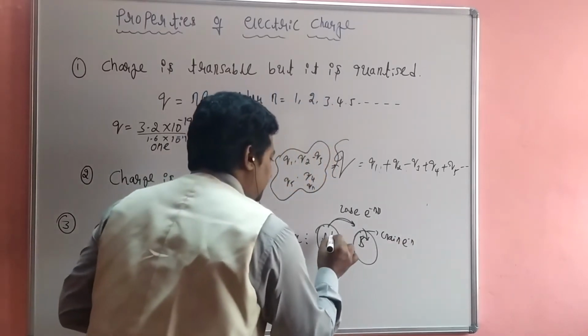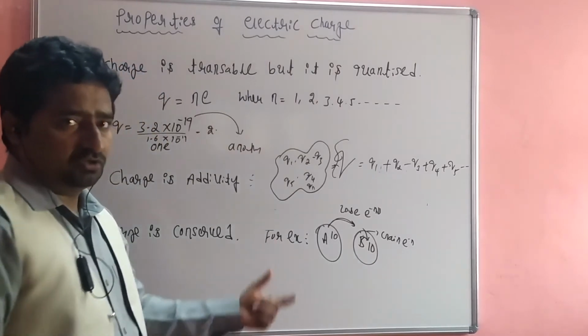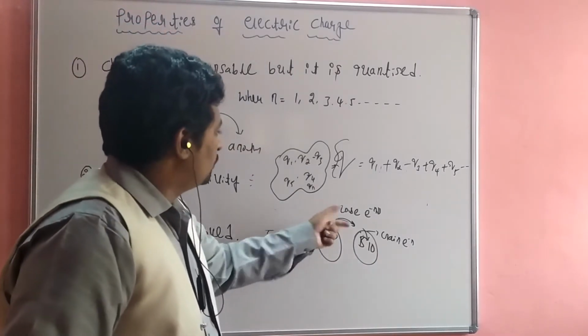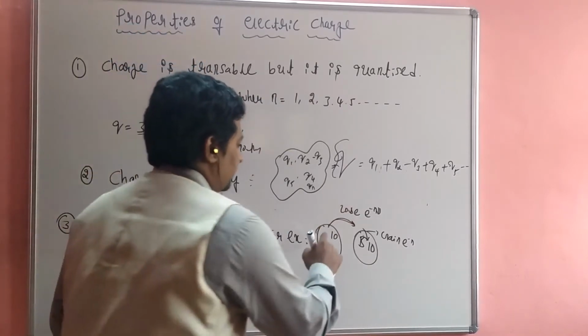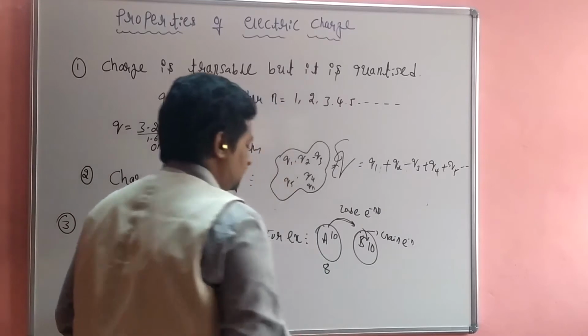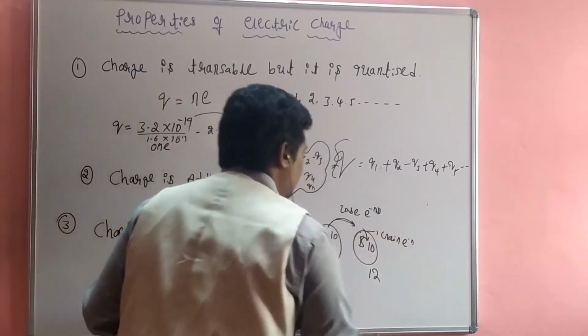For example, initially each body has 10 electrons, as in the neutral condition. If 2 electrons are lost, that body has 8, and the body that gains them has 12.